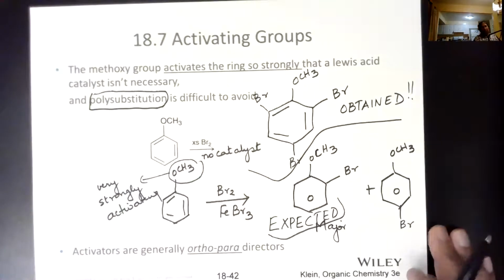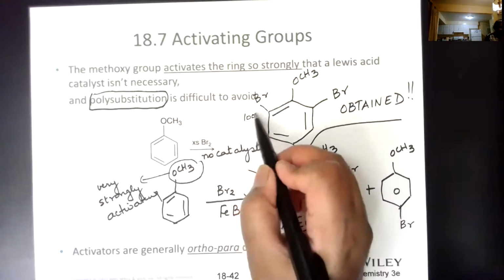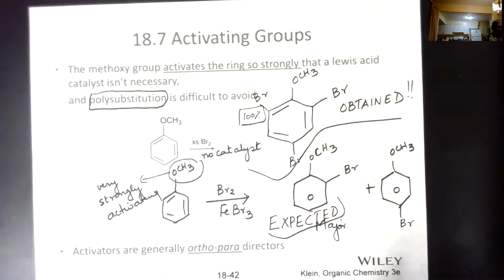And so sometimes we'd have to find other ways to control this reaction. They even get 100% of this. It's like boom, you get 2,4,6-tribromoanisole.